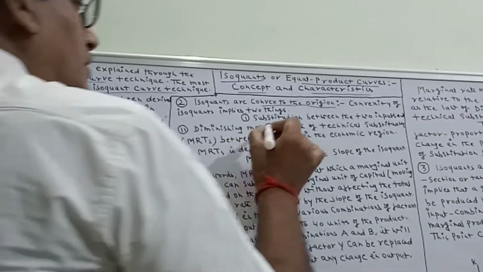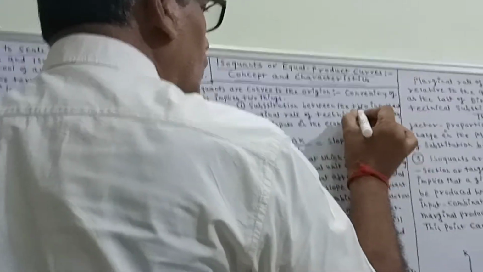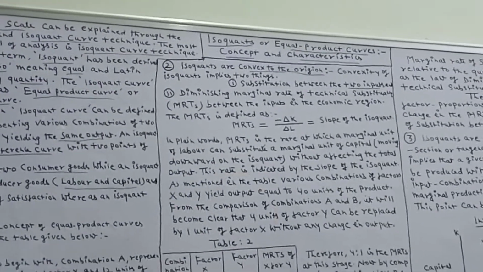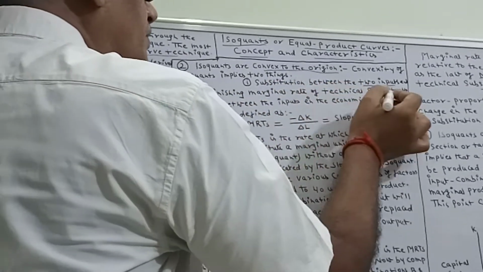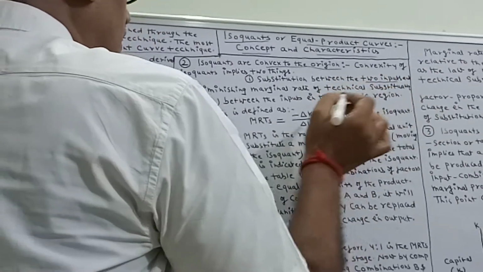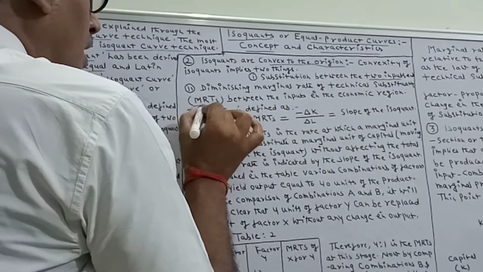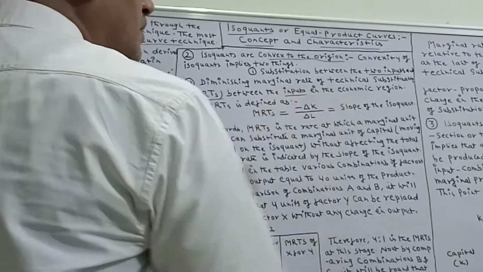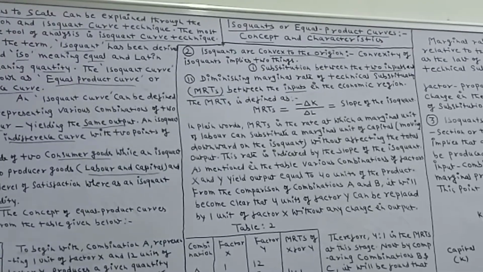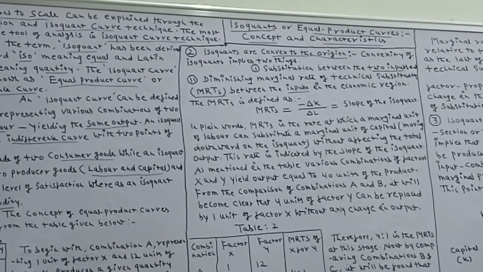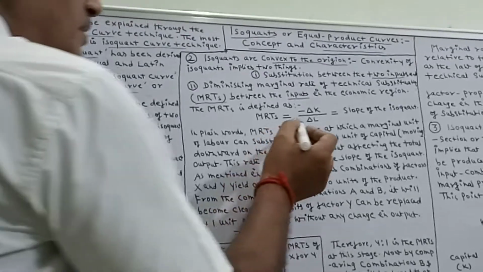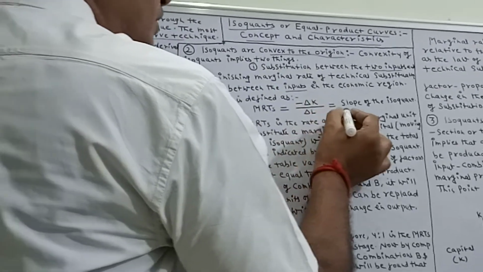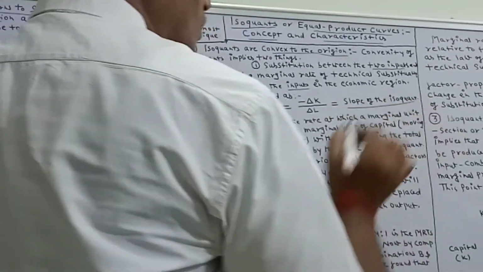First, substitution between the two inputs, and diminishing marginal rate of technical substitution, denoted by MRTS, between the inputs in the economic region. And hence MRTS is defined as minus delta K by delta L, equal to the slope of the isoquant.